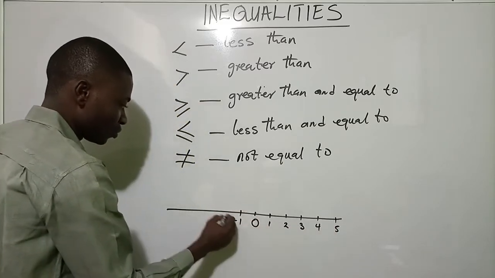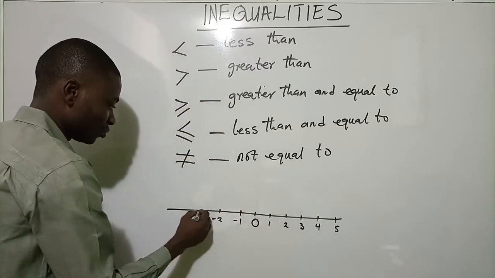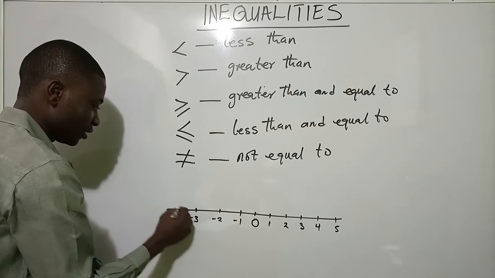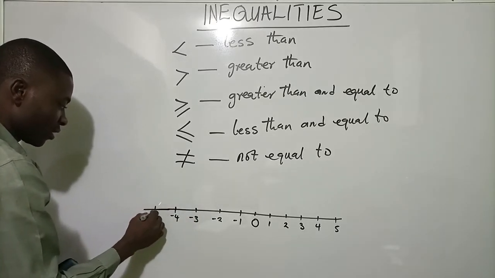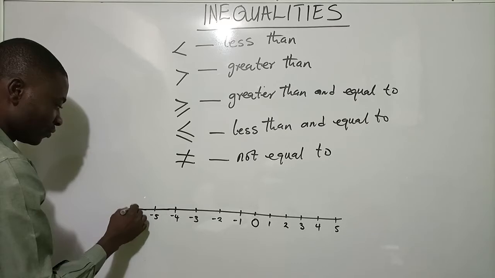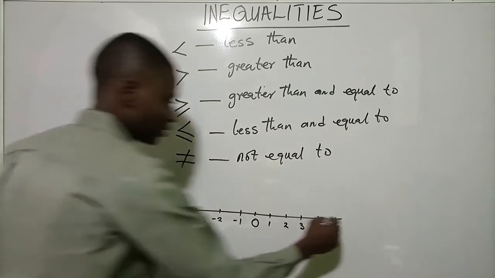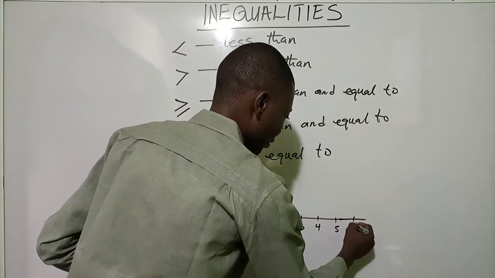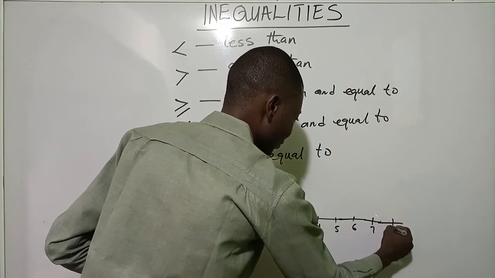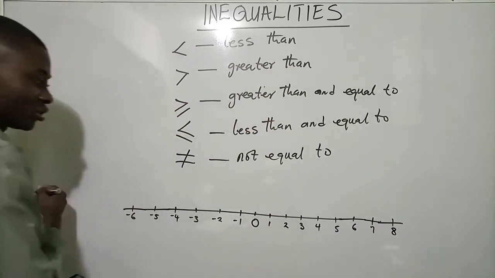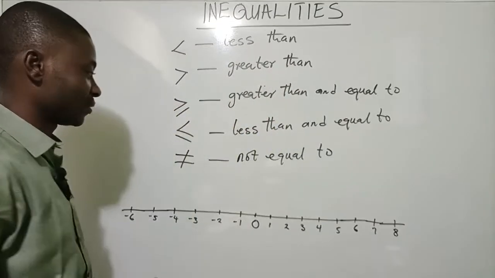We have -1, -2, -3, -4, -5, -6. We have 6, 7, 8, and it continues like that.